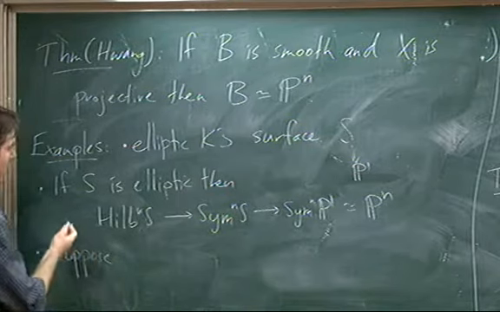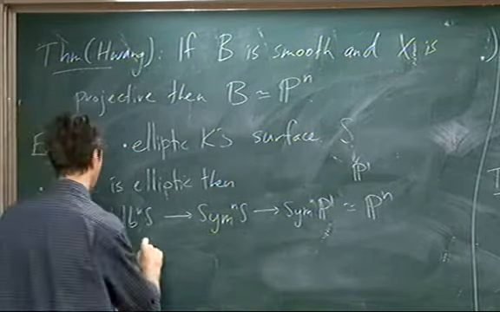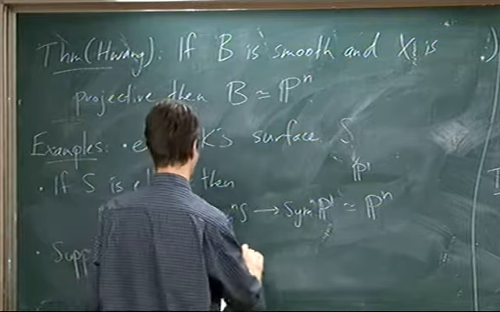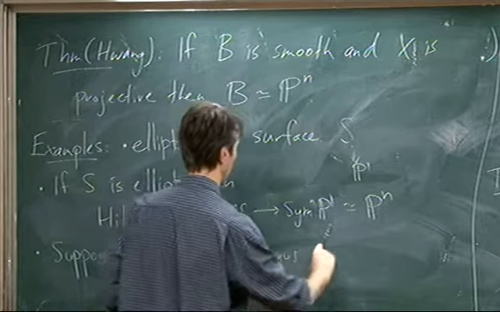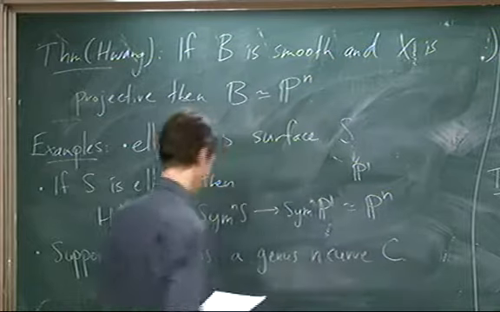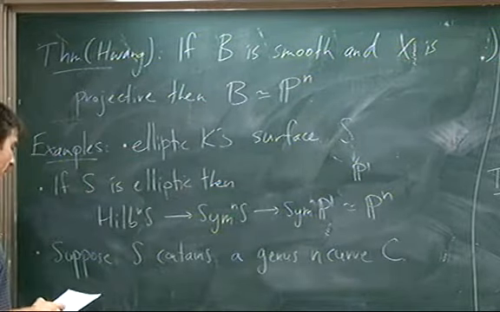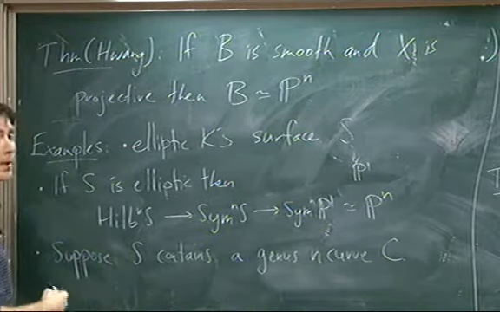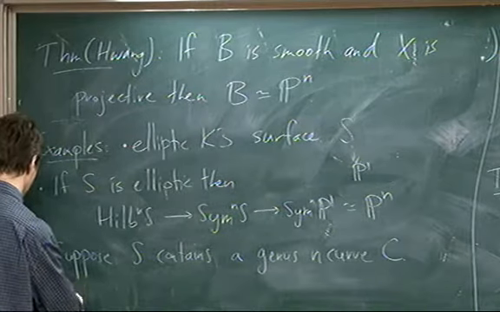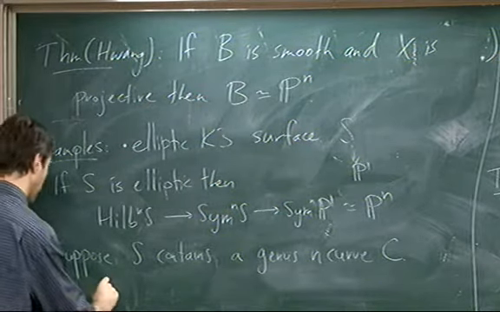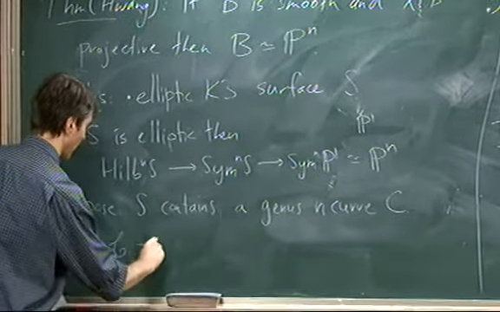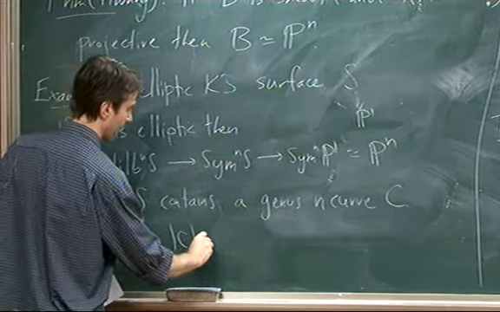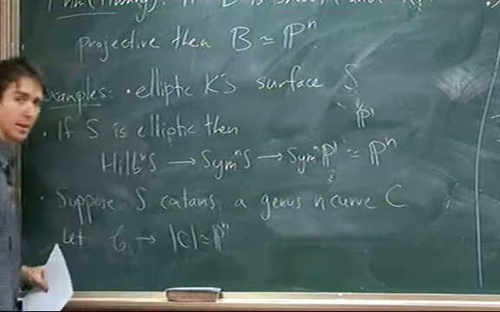So a more complicated example is this. Instead of an elliptic K3 surface, I'm going to take a K3 surface S, which contains a genus n curve. And assume that this is otherwise generic, so that maybe this curve generates the Picard group of S. And then, if you have a genus n curve in a K3 surface, its linear system is n-dimensional, isomorphic to Pn.